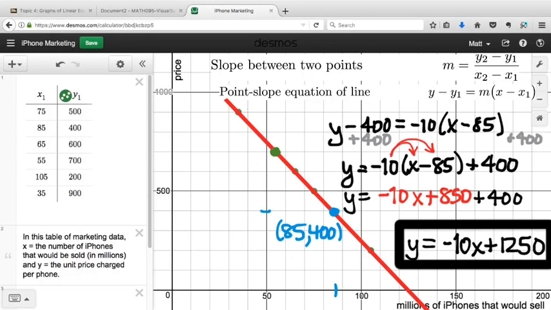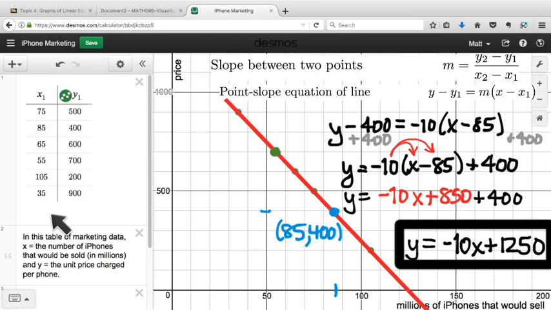And this is a super useful tool, because this is now an equation that also relates x and y, but it does so in a way where if I specify a value for x, I don't have very much work to do to figure out the corresponding value of y. All I have to do is multiply that number by negative 10 and add 1250 to it, and I'm done.